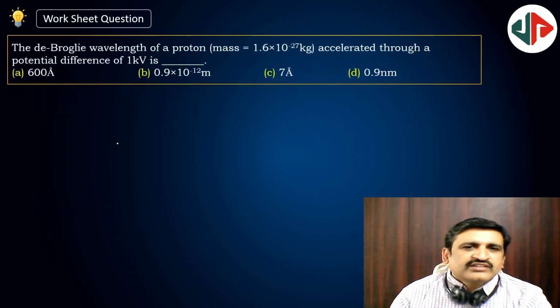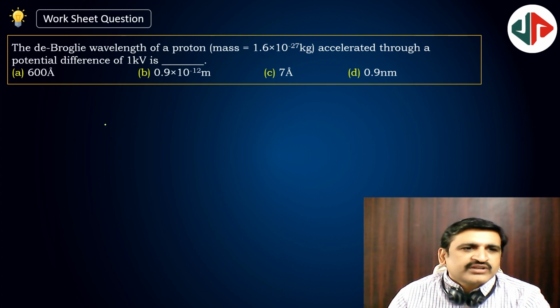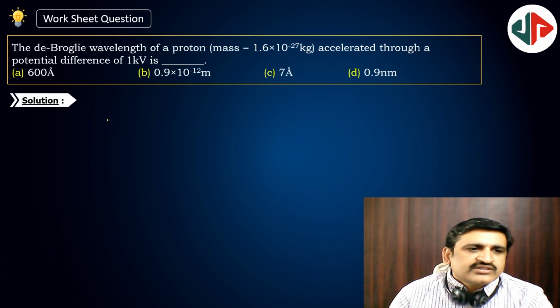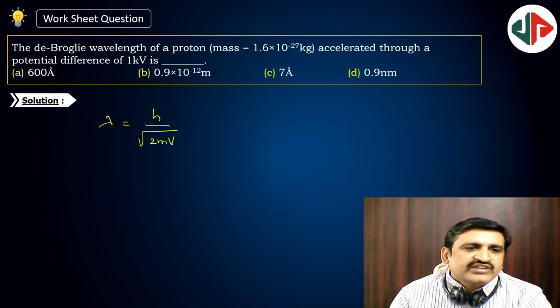De Broglie wavelength of a proton accelerated through a potential difference of 1 kilovolt. So the shortcut you can use, otherwise you can do like this: lambda equal to h by square root of 2mVq, and V value is already given.